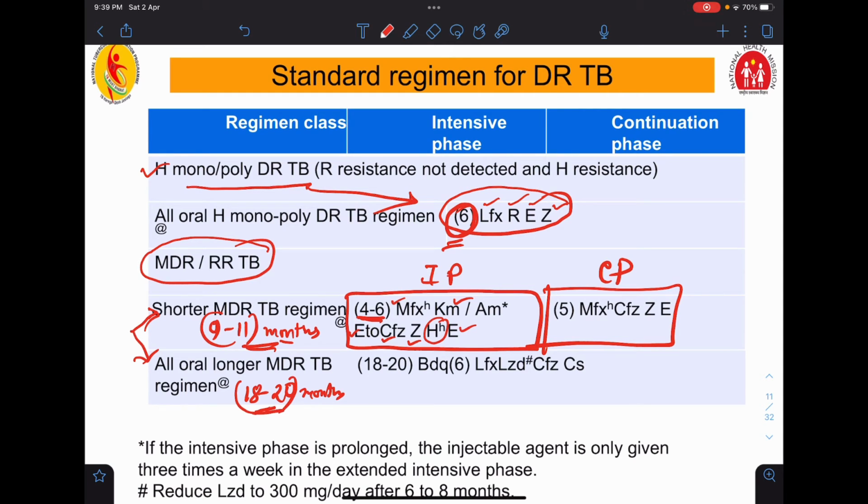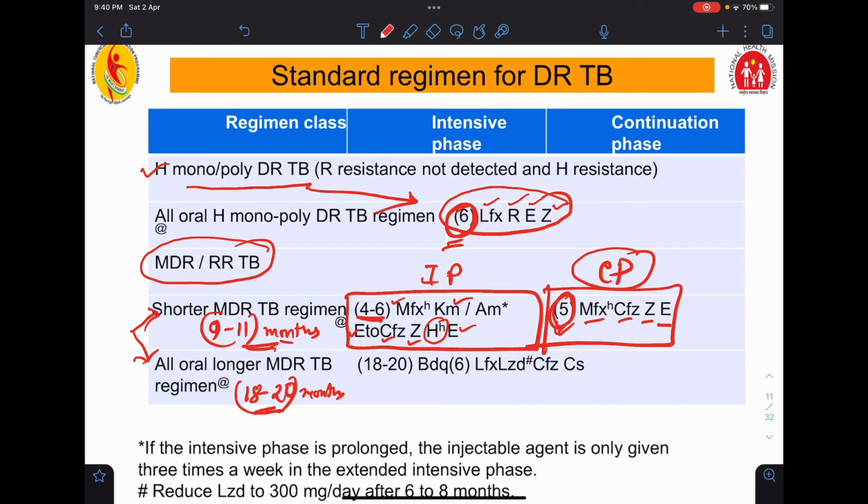So these are the 7 drugs we use for the intensive phase of 4 to 6 months for MDR or rifampicin resistant tuberculosis. For the continuation phase of 5 months, this number denotes the duration of the treatment, we use high dose moxifloxacin, clofazimine, pyrazinamide and ethambutol.